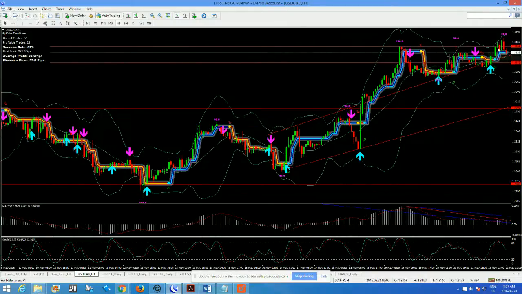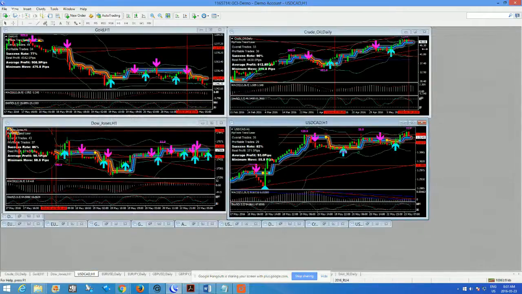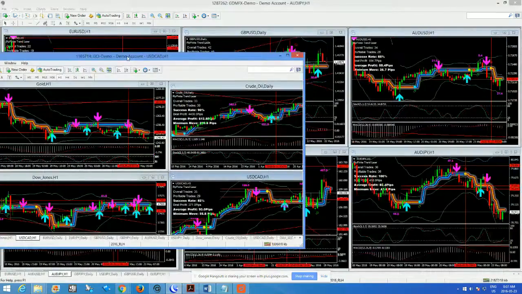A lot of resistance up here, and it's showing it to be very difficult. So US dollar, Canadian dollar having trouble, showing some bearish divergence here. It's not a good trade at this moment. All right, move back again to our other currency pairs.